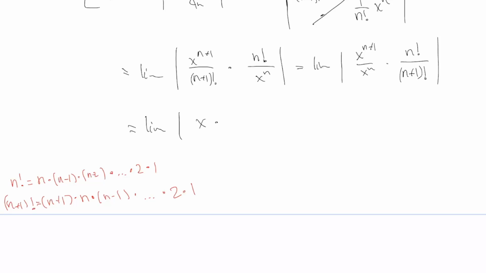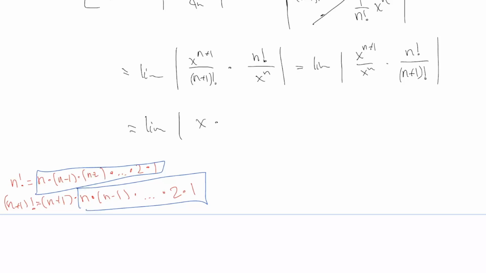If you're dividing these, they are almost entirely the same, right? This part is the same as that, so if you put them in a fraction, you're just going to cancel those two things. The only thing that's left is an extra n plus 1 in the bottom.